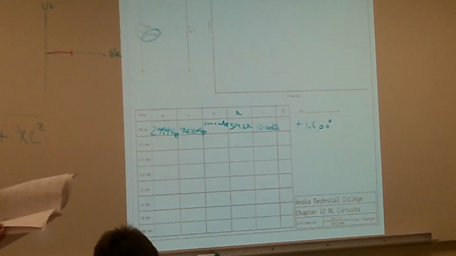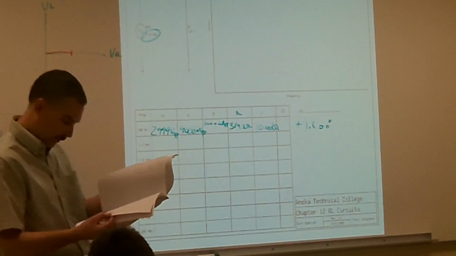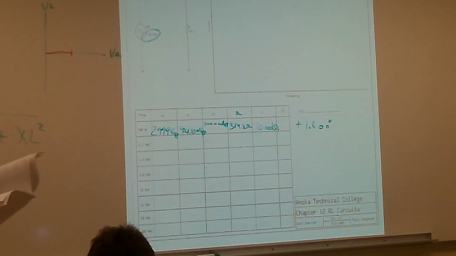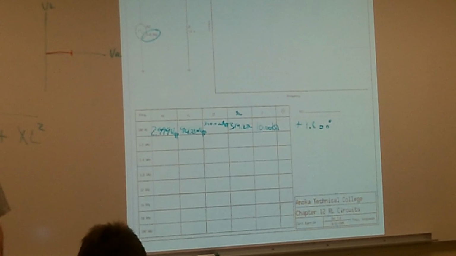Where it said in a series circuit, the generator current is frequently used as a reference, but in a parallel circuit, the generator voltage is almost always used as a reference. Explain why. Most people knew that one. In parallel circuits, voltage remains constant, and in series circuits, current remains constant.